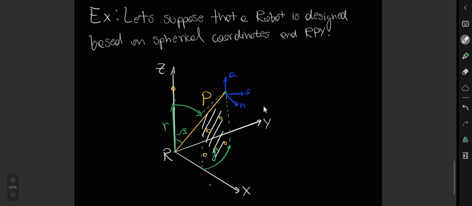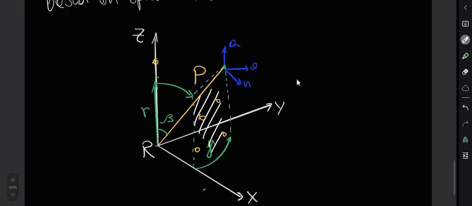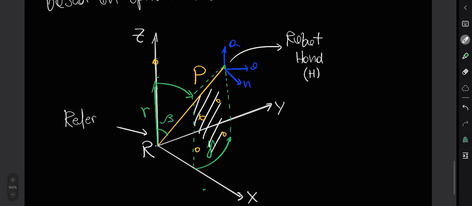So here we can attach a robot hand, which is the frame H. And right here is the reference frame R.